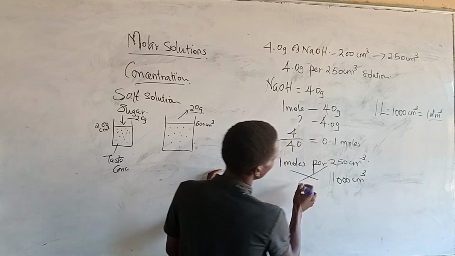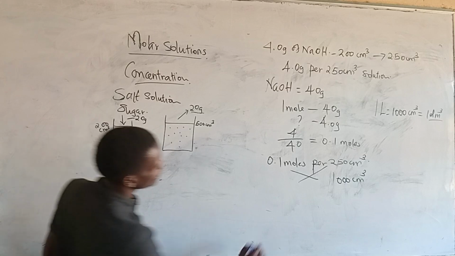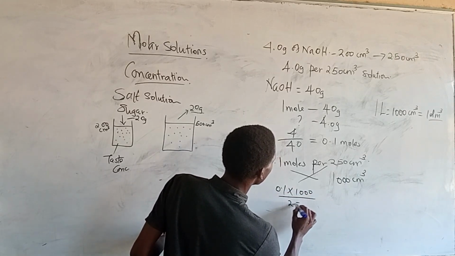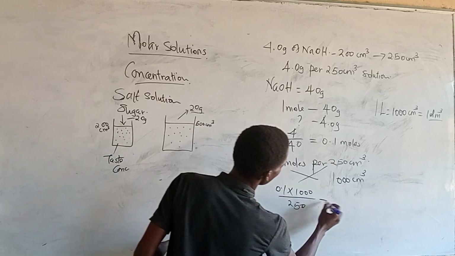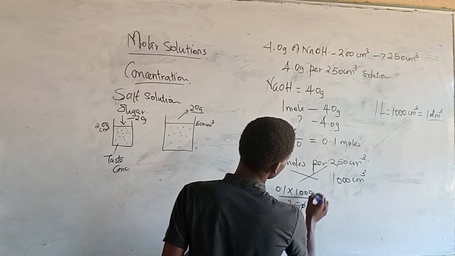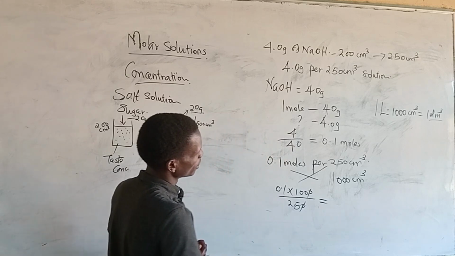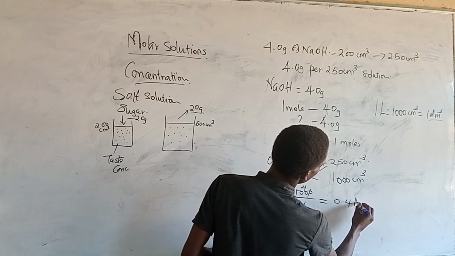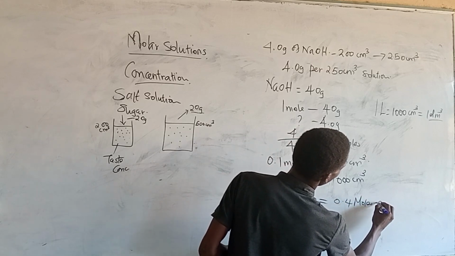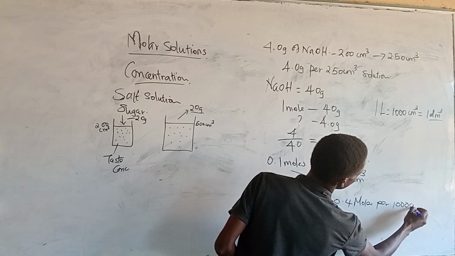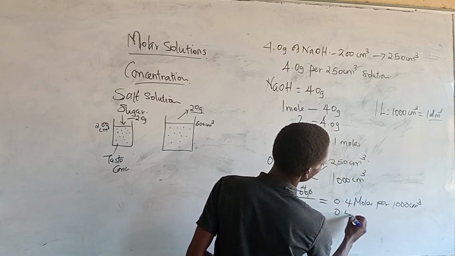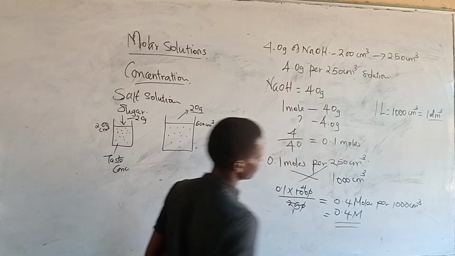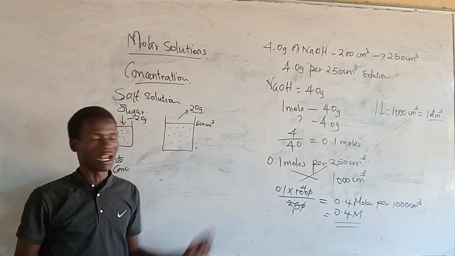Here we cross multiply, so you get 0.1 times 1,000 divided by 250, which gives 0.4 moles per 1,000. This is what we call a molar solution, 0.4 M, where M represents molarity.